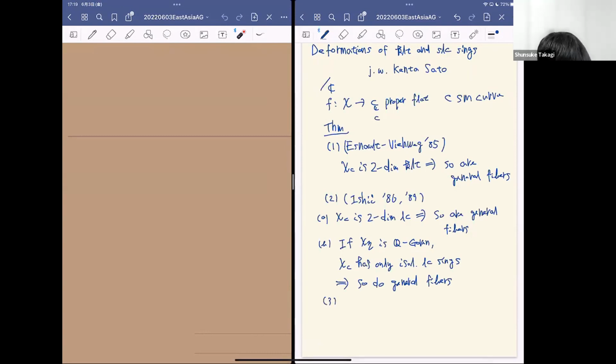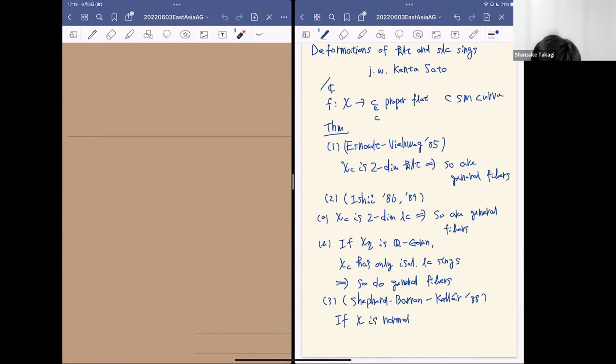The third result is due to Kollár-Shepherd-Barron. They proved the semi-log canonical case. Assume the total space is normal.